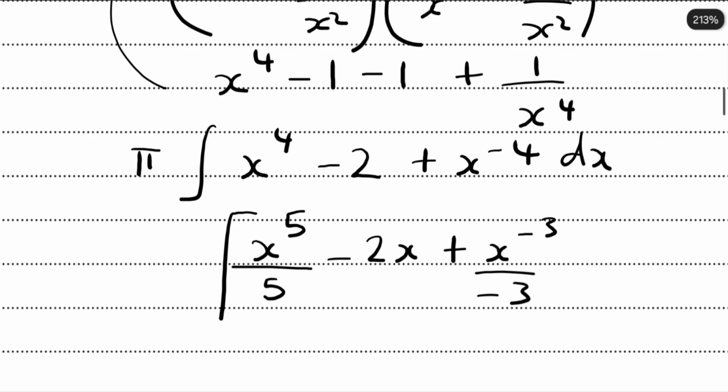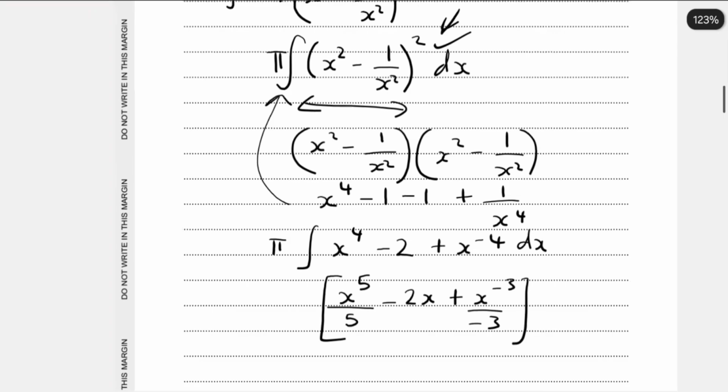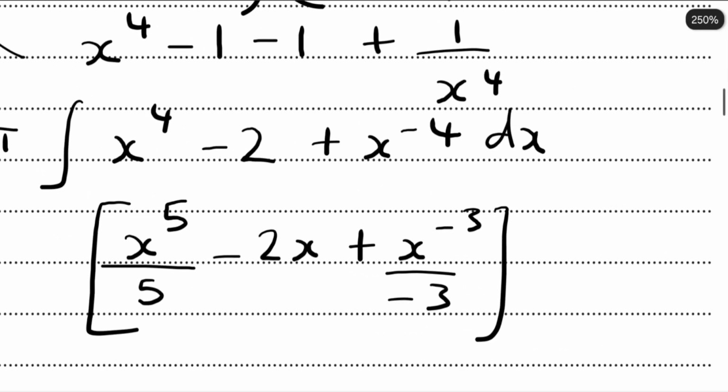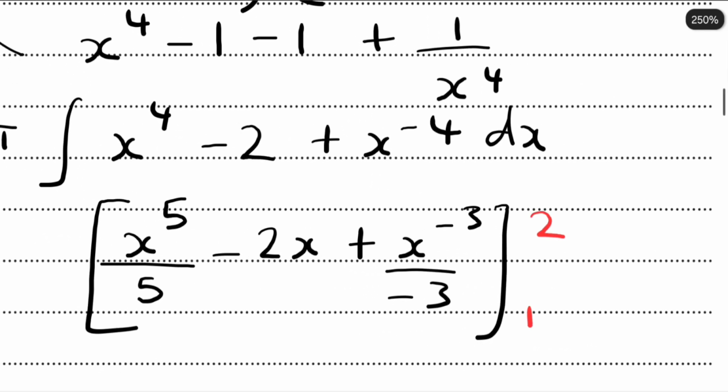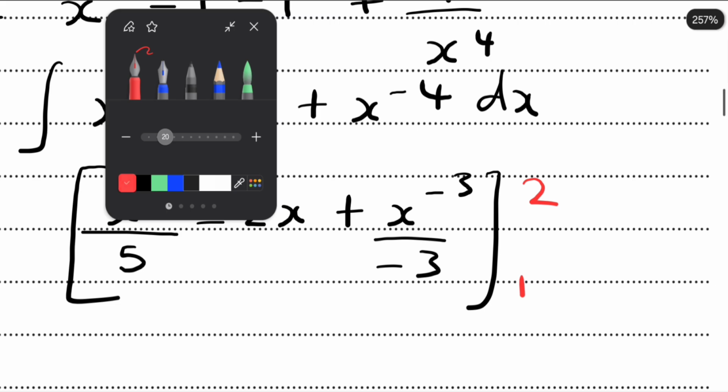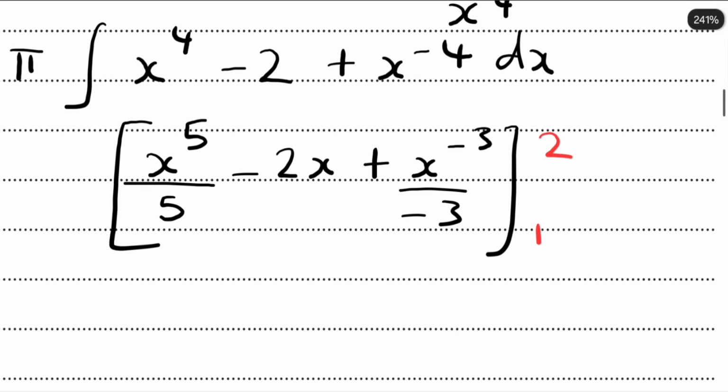Now with this, we substitute our x limits, 2 and 1. We first substitute 2, then we get an answer, then we say minus the answer we get after substituting 1.